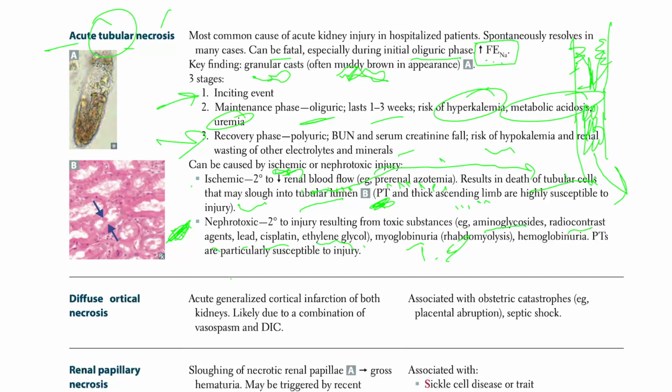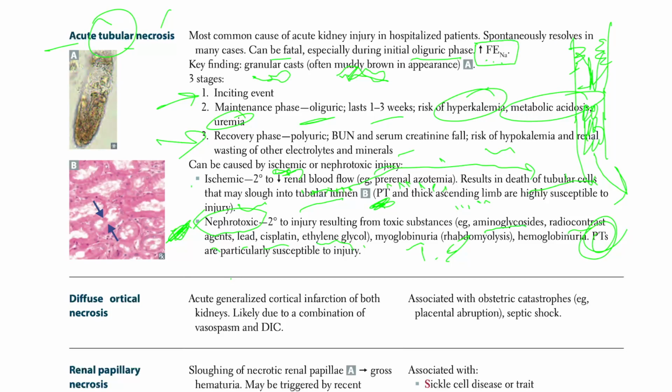Now they're telling us the proximal tubules are particularly susceptible to injury from nephrotoxins. So if you have any toxin, that is particularly going to damage your PT.